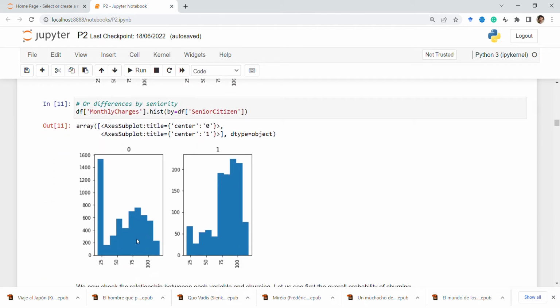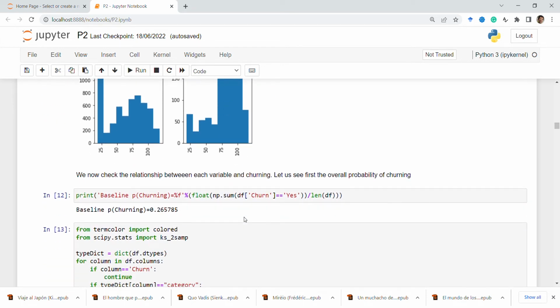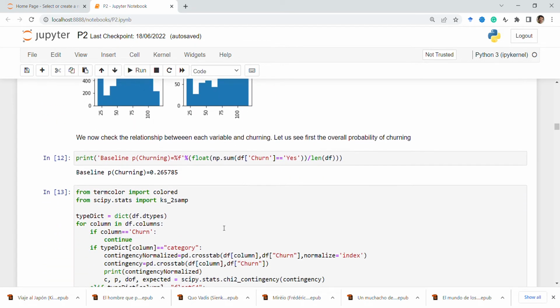So we see that the structure of the senior citizens with respect to the general structure is rather different. So if they're senior, they tend to pay more, and we will see that there is a higher probability of churning, so changing the company. And then the overall probability of churning in this database is 0.26, and we will try to get a better classifier.